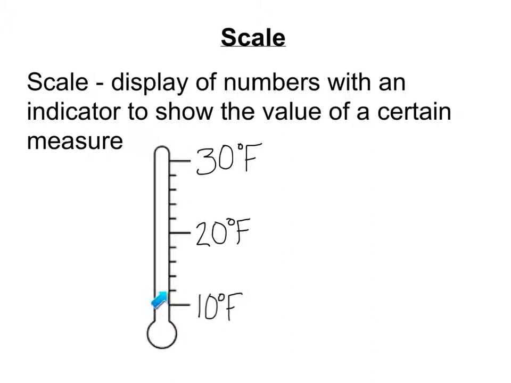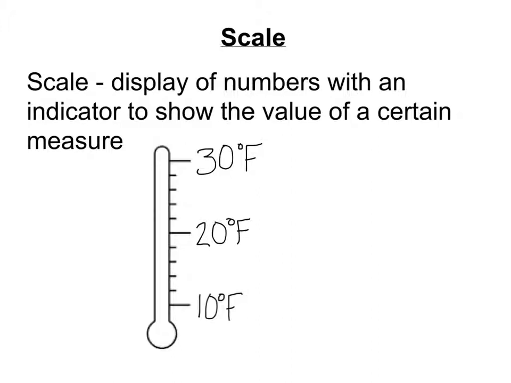So I can take a look here and figure out what each one of these means then. If we start at 10 and count up to 20, there's 1, 2, 3, 4, 5 times it increases. Well, going from 10 to 20 is an increase of 10.